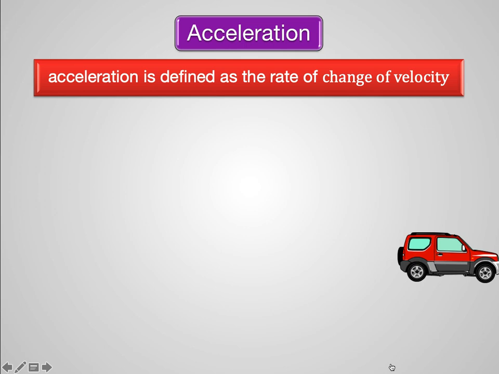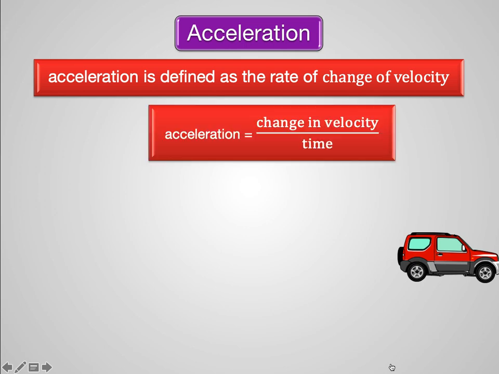Acceleration is defined as rate of change of velocity or velocity change over time. Any change in velocity can create an acceleration. Even the car moving in a circular path at constant speed, let's say it's moving at constant speed, but is it accelerating? Yes, it is accelerating because there is a change in velocity, because there is a change in direction.